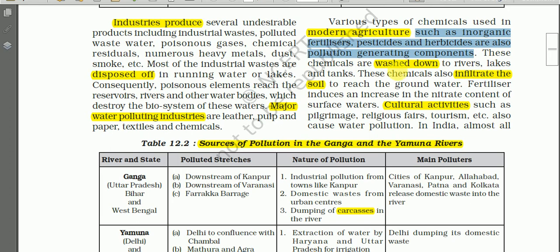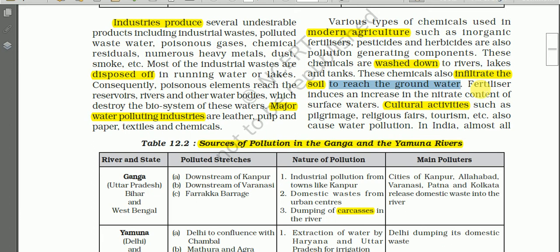These chemicals are washed down from the agricultural field to the rivers, lakes, tanks and ponds. These chemicals also infiltrate the soil to reach the groundwater, that means the aquifer.